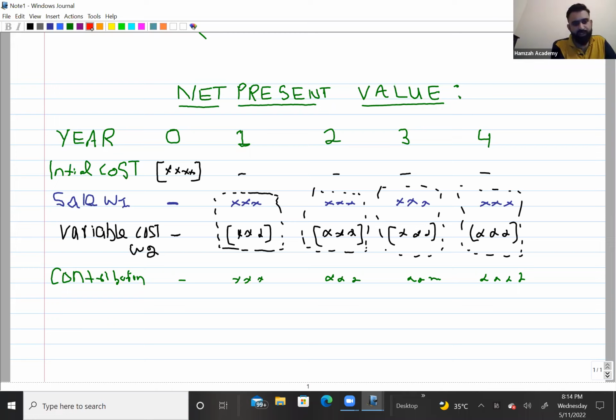After the contribution, we will consider the incremental fixed cost. Incremental fixed cost means the fixed cost which is due to the project which we are going to do.